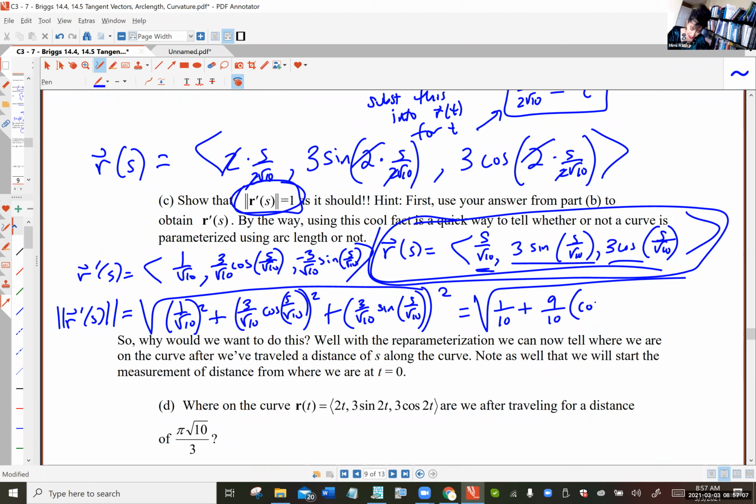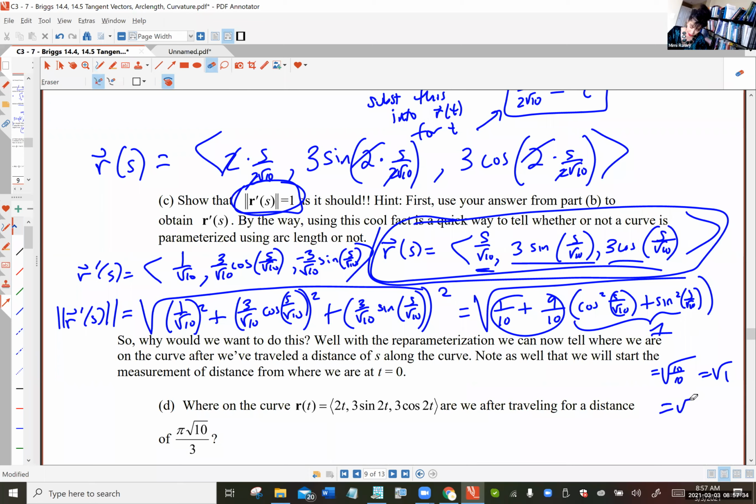If we factor out the 9/10 from those last two terms, we end up with the other factor, which is cos squared plus sine squared, which you guys know is equal to 1. Yay! And then what do we have? We have 1/10 plus 9/10. Last time I checked, that's 10/10, which simplifies to 1, and then the square root of 1 is 1.